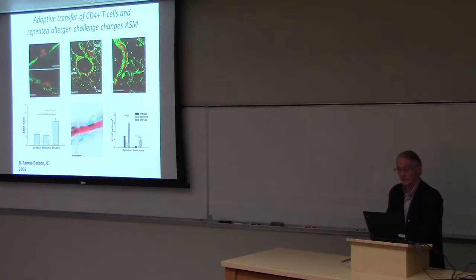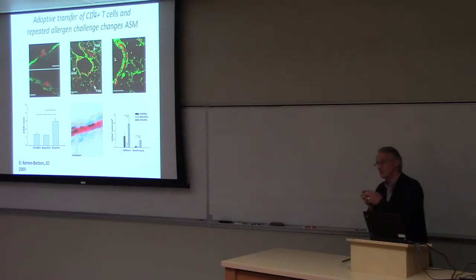And I'm now going to go back to the T cells that I mentioned at the beginning. So we've been interested, as I say, in the T cell for quite a long time because we believe that this is the major driver of asthma in its many forms. So in this experiment, the Brown Norway rat was given sensitized T cells from a donor animal.